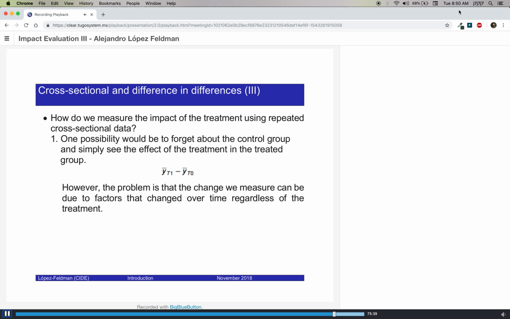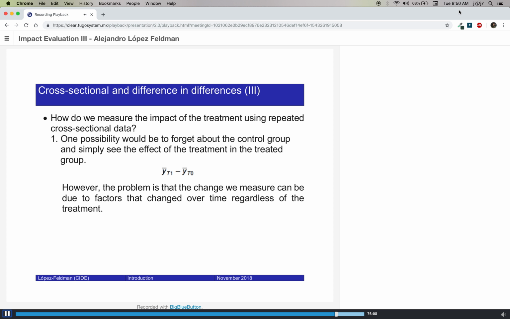So we already analyzed the problem. Maybe many things are going to change through time, but I do not know if this change in Y is due to the program or to many other things that changed through time. For instance, if the economy increased, if there was a hurricane or some weather problems. Of course, many things are going to change over time.